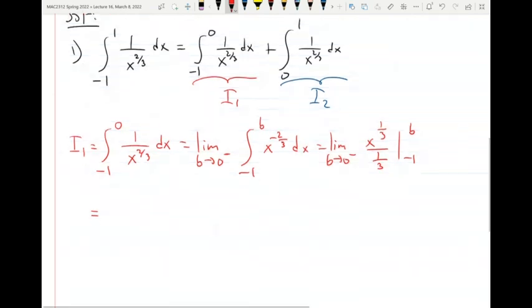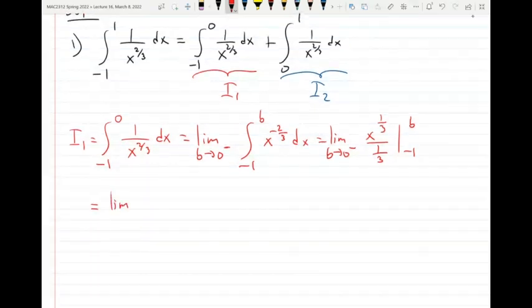All right, so then this equals the limit as b approaches 0 from the left of 3 times, let's see, when you plug in b, we're going to get b to the 1/3, and then minus 1. And then we take the limit as b approaches 0.